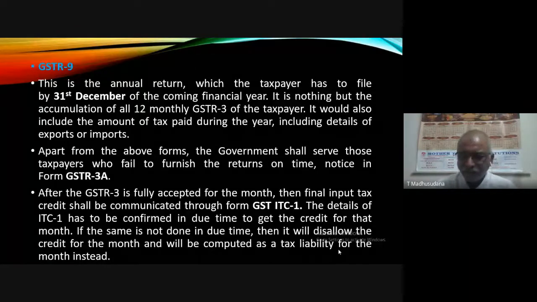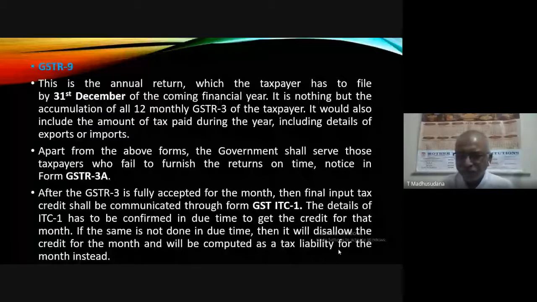He will be disallowed the input tax credit on his purchases when he is unable to confirm the details provided in GST ITC 1.